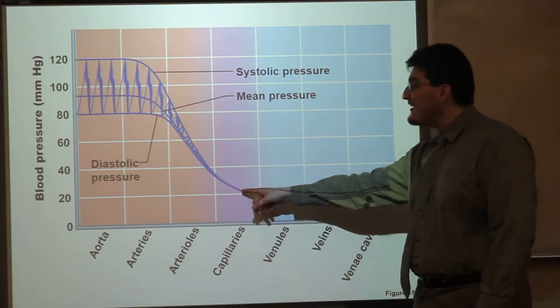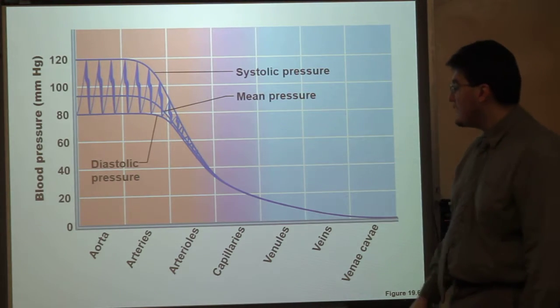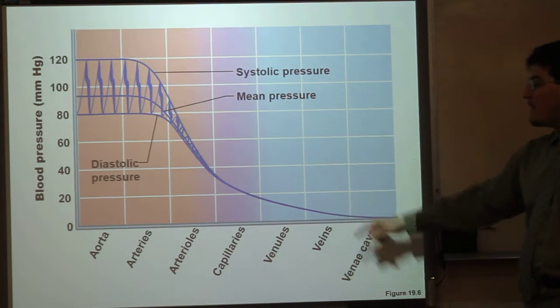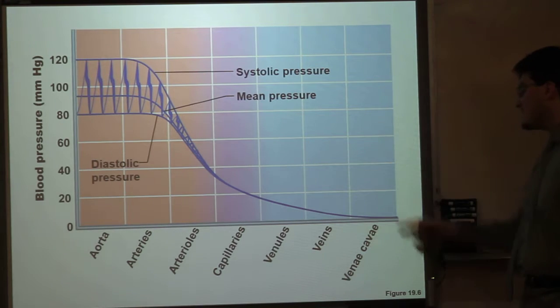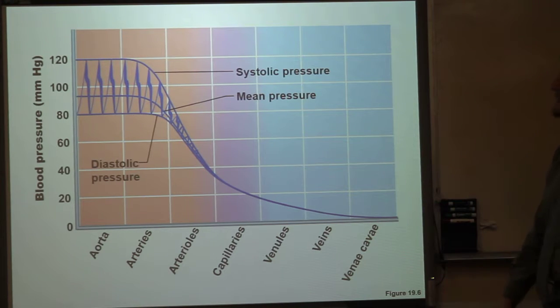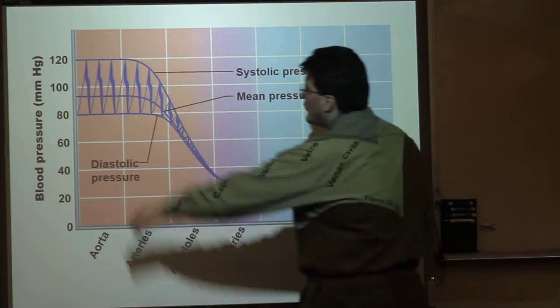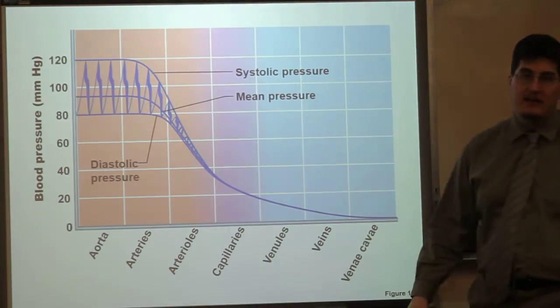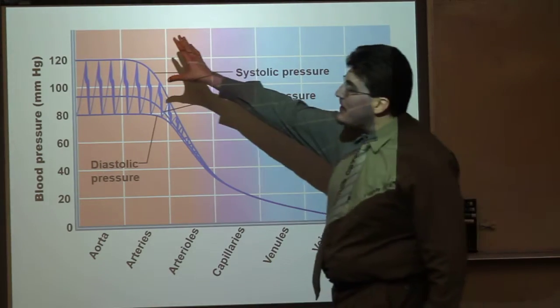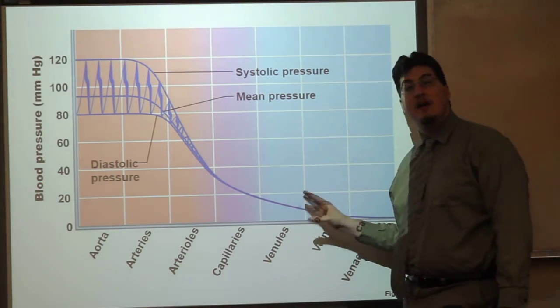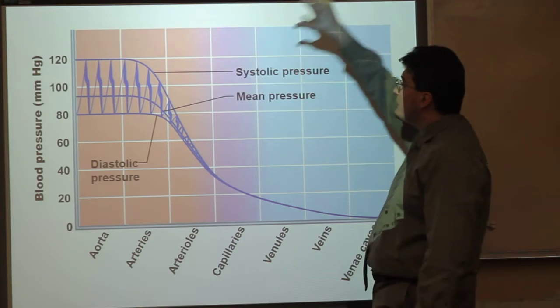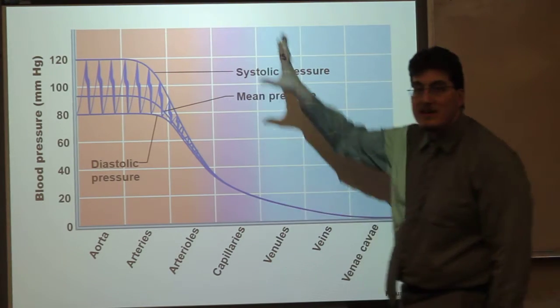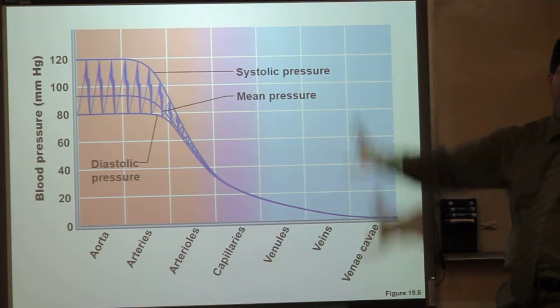So your pressure is higher in the capillaries than in the venules, and higher in the venules than in the veins, and higher in the veins than in the large veins like the vena cava. So, your pressure is highest in the arteries and lowest in the veins. A high pressure to low pressure system is what allows the blood to move through the body from arteries to capillaries to veins and back.